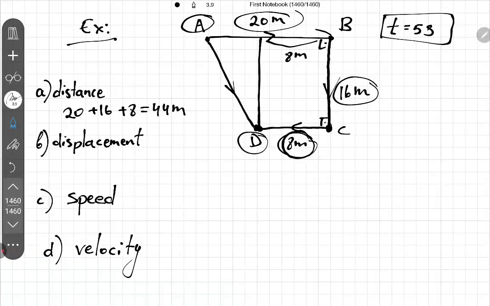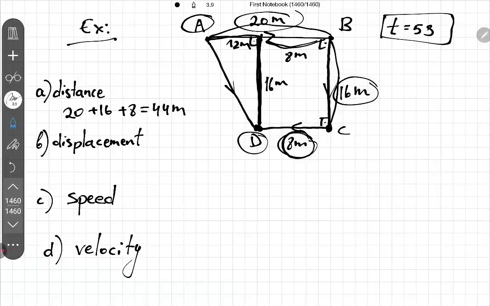And the total length of AB is 20 meters. So if this part is 8 meters, then the left side will be 12 meters. And BC, as you see, is 16 meters. This line is parallel to the BC and equal in length. So this one is 16 meters. Now, as you see, we have a right triangle here. Here we have 90 degrees.